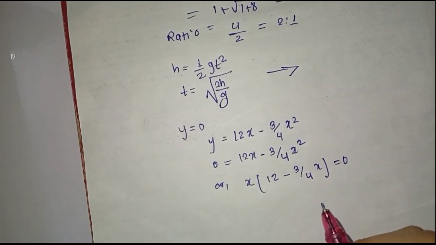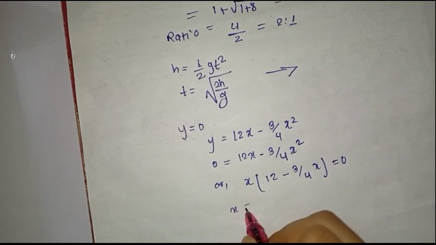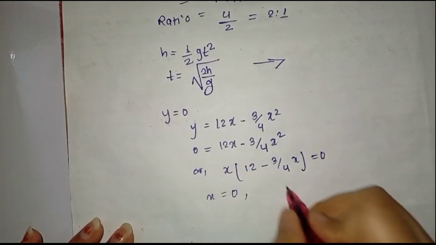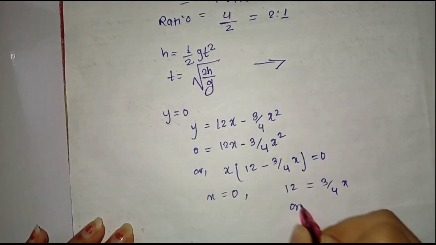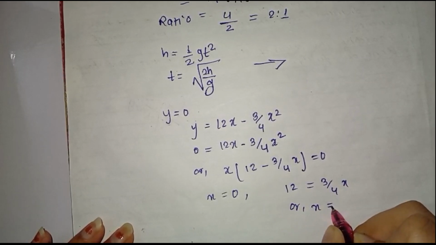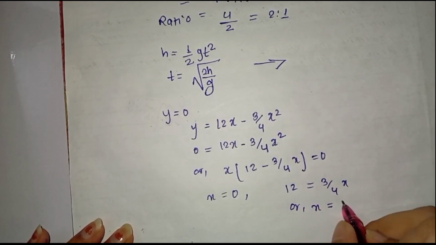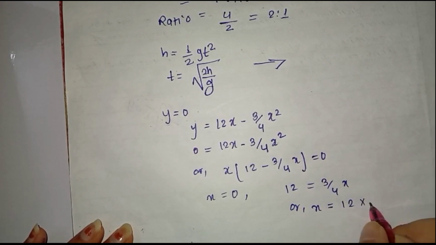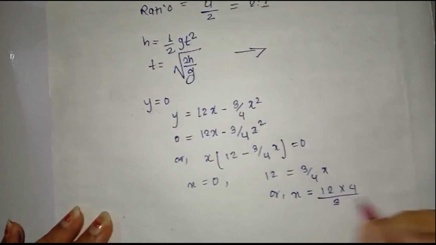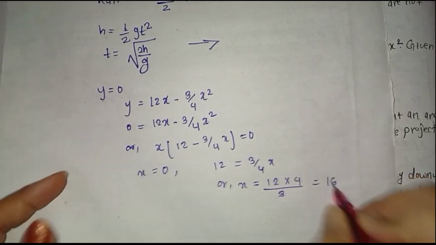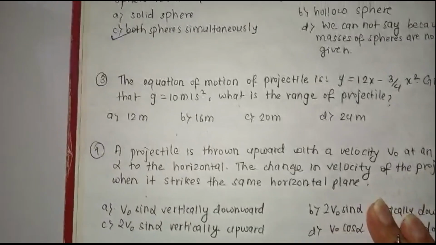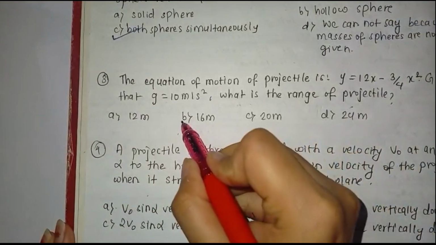So from here we get x is equal to 0 and 12 is equal to 3 upon 4 x, or x is equal to 16. So the range of projectile is 16 meter.